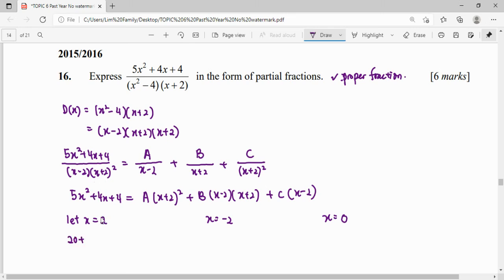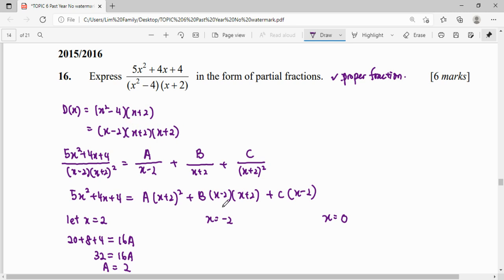We will get 20. Then 2 times 2 plus 2 is 4, 4 squared is 16A. The terms with x minus 2 become 0. So we can get A directly, with the answer of 2. That is the benefit of using x values selected from the roots.